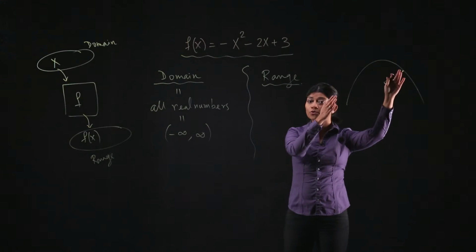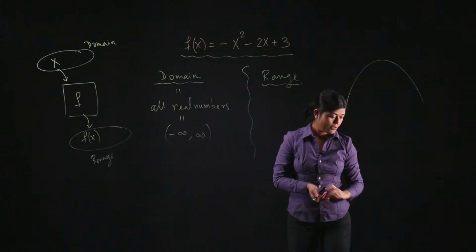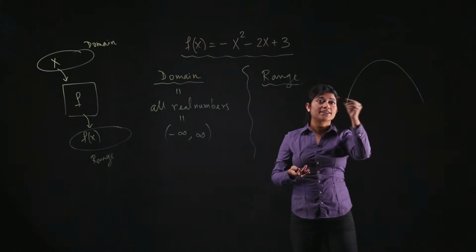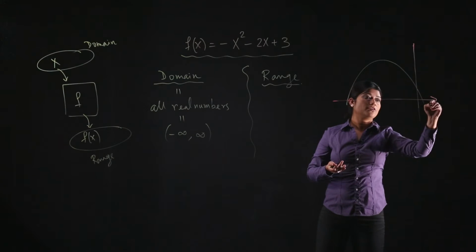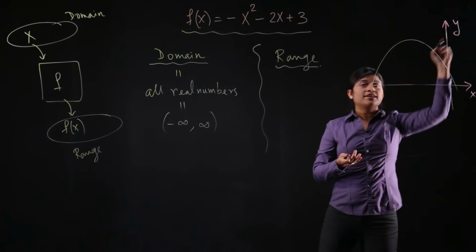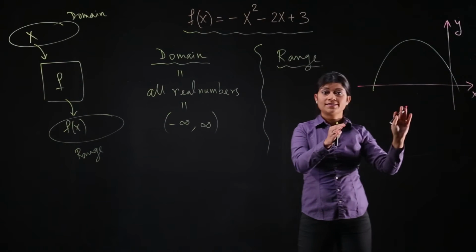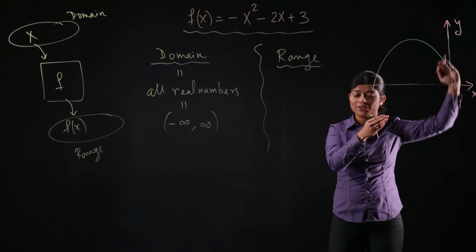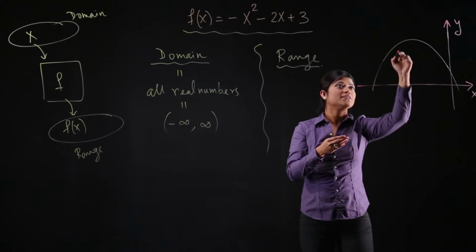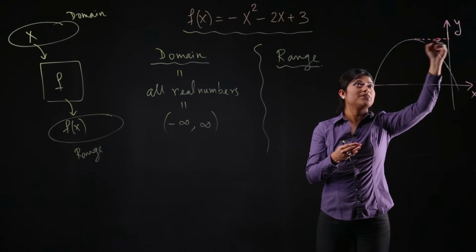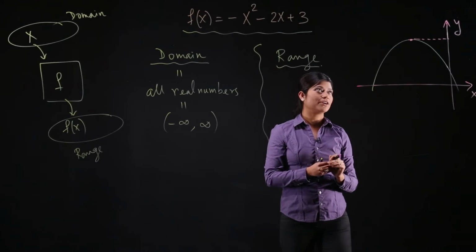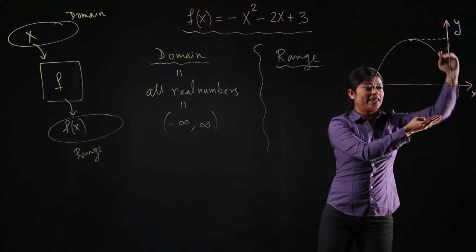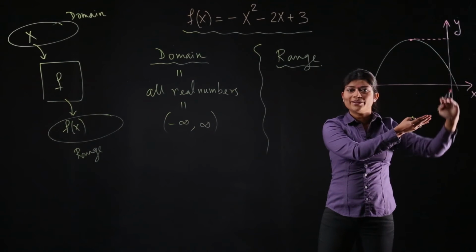Okay, so as soon as you know the parabola looks like this, I don't know where the xy exactly is, but if you just roughly draw an xy coordinate plane, notice the range is going to be the y values that you are getting as output, right? So once we figure out what is the maximum y value for this particular function, then the range will be everything below that point.